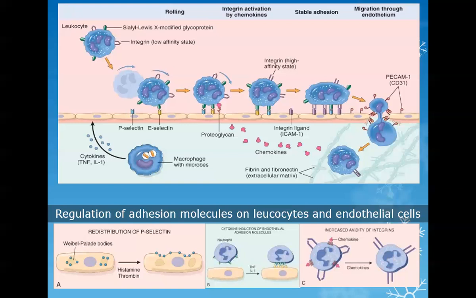Now, ICAM is also activated. Integrin, which is of low affinity, becomes high affinity. Now they stick together. They are not moving here and there. Then PECAM pulls the neutrophil out.